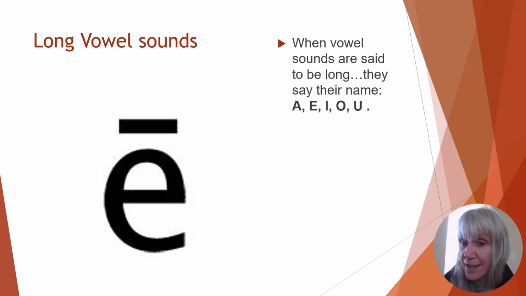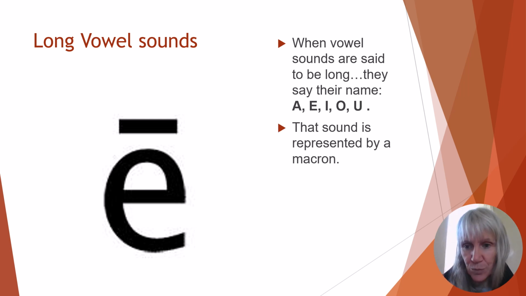So our vowel letters are A, E, I, O, U. If I hear an A in the word, it is long. If I hear an E in the word, it is long. If I hear the I in a word, it is long. If I hear an O in the word, it is long. If I hear a U or an oo in the word, it is long.